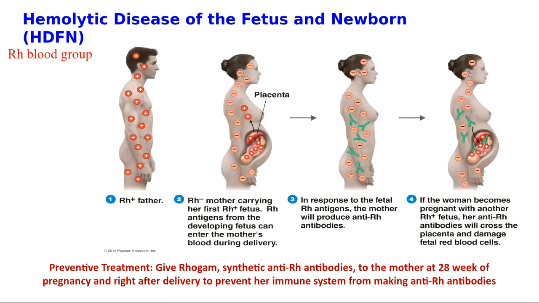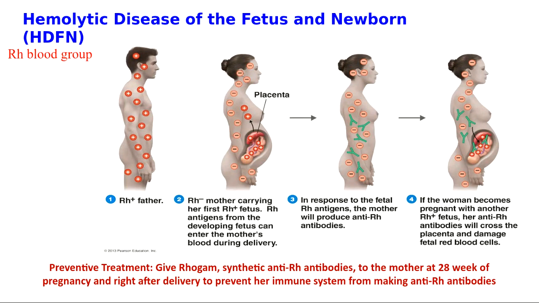If the fetus that comes out of this couple is Rh positive, meaning the red blood cells of this fetus have the antigen, and if there is any maternal-fetal blood combination, if for some reason there's a little bit of mixture of blood between mother and fetus, then the mother can become sensitized.